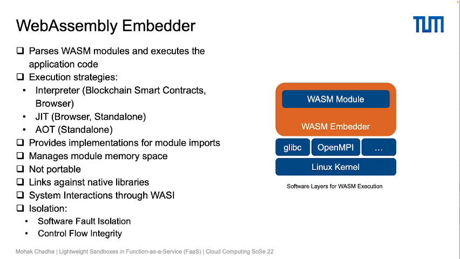It does not really need to map all that memory to physical memory, so it can be virtual memory. Suppose there is an out of bounds access by the WebAssembly module. Then it will essentially be a page fault, which will be handled by the embedder. So you cannot really access anything which is out of bounds of the memory space. That's one way SFI is implemented.